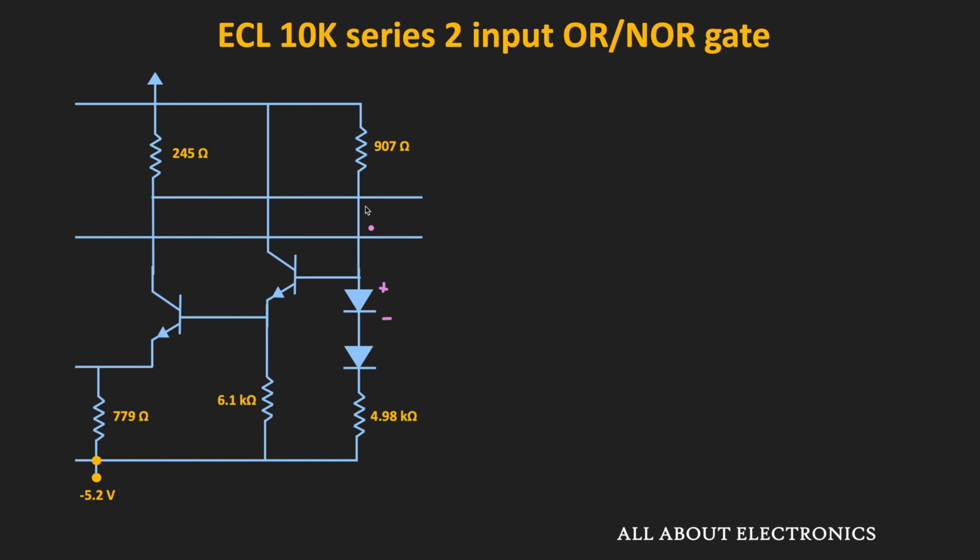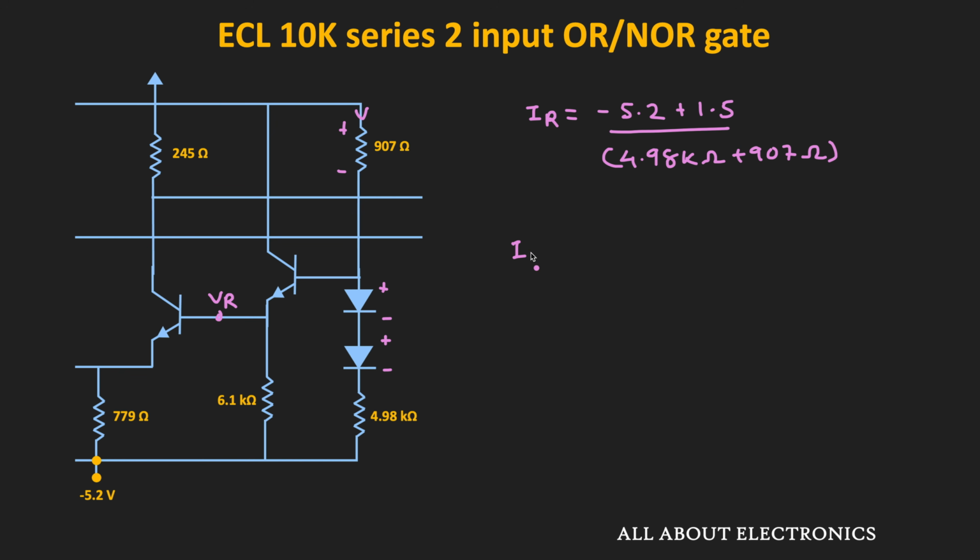In that case, we can say that the current through this branch, let's say IR, is equal to minus 5.2 volt, plus the drop across these 2 diodes, that is plus 1.5 volt, divided by the sum of these 2 resistors, that is 4.98 kilo ohm plus 907 ohm. And to find this voltage VR, first we need to find the drop across this resistor. That is equal to IR times 907 ohm.